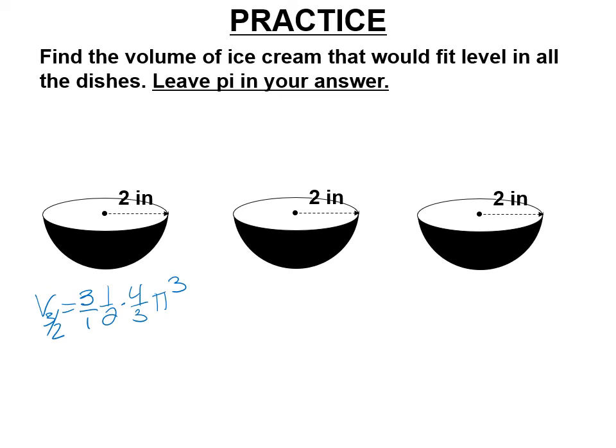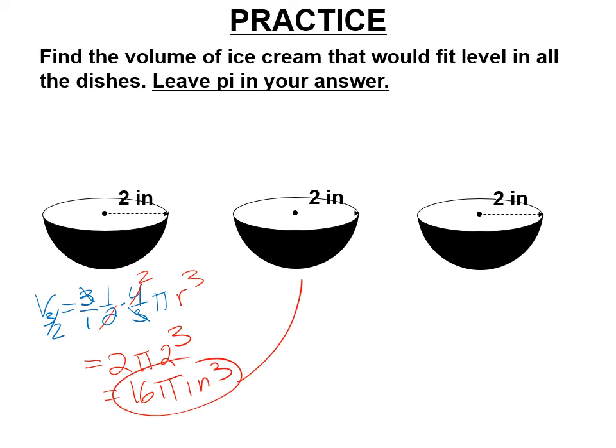The 3's cancel, and the 2 cancels with the 4 and becomes 2. So the volume here just becomes 2 times pi r cubed. It says leave pi in your answer, so I just need the radius cubed. The radius is 2, so 2 cubed is 8, and 2 times 8 is 16. This is 16 pi cubic inches in these 3 hemispheres.